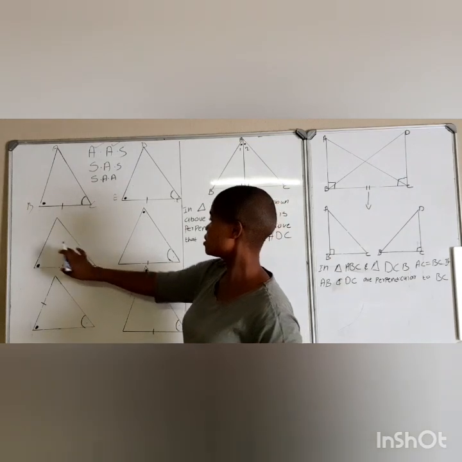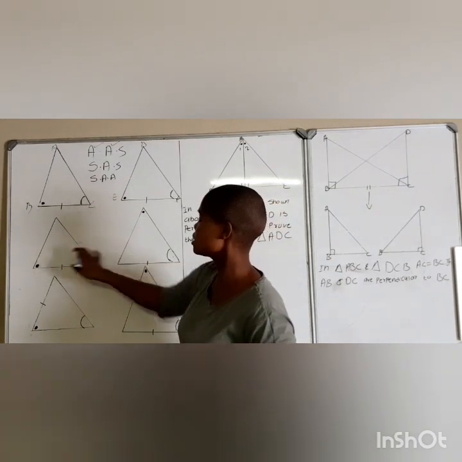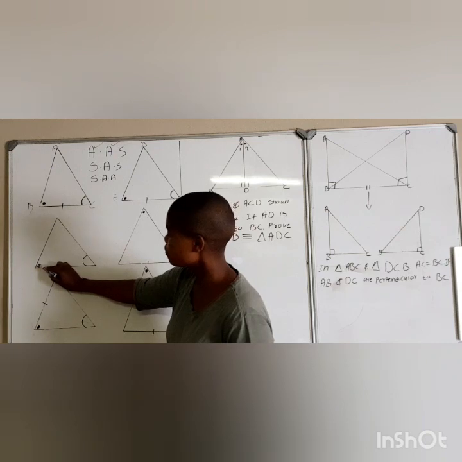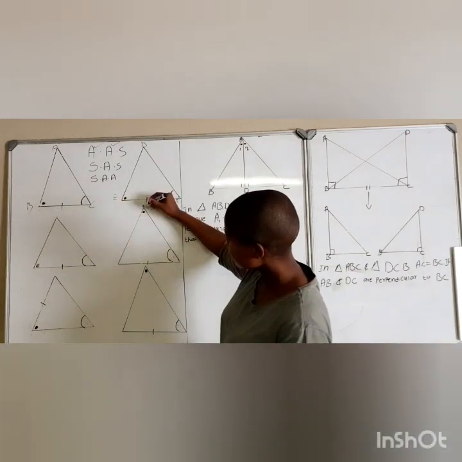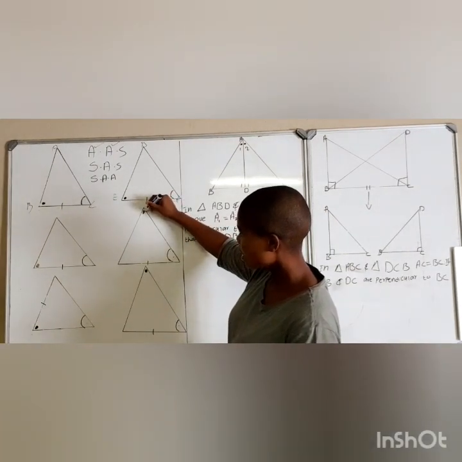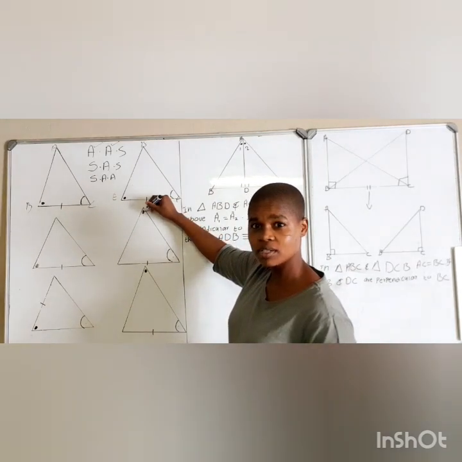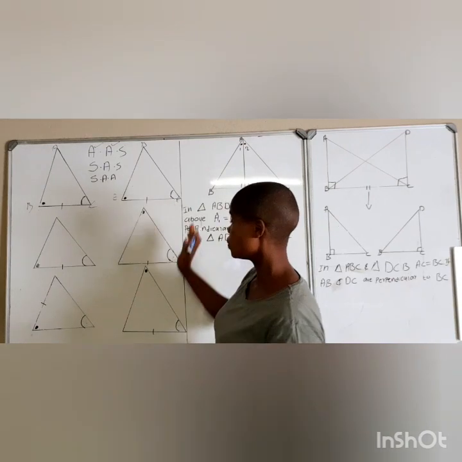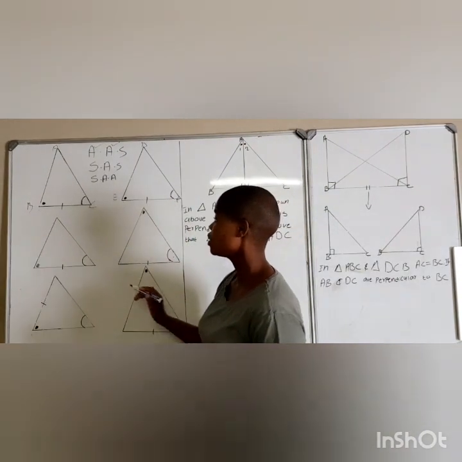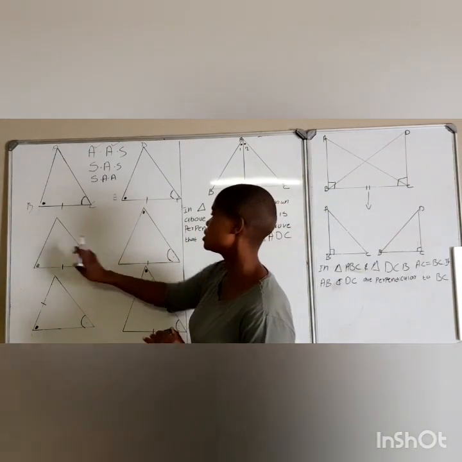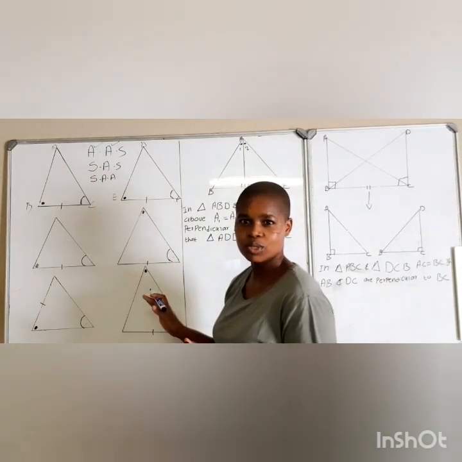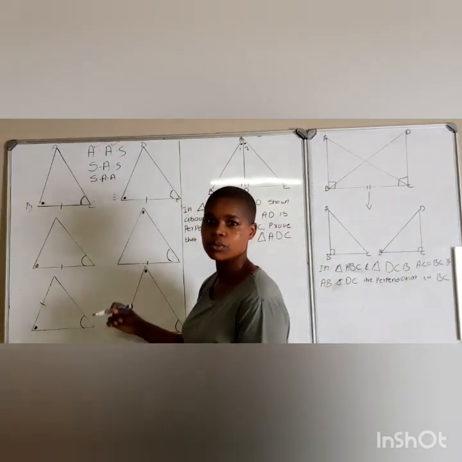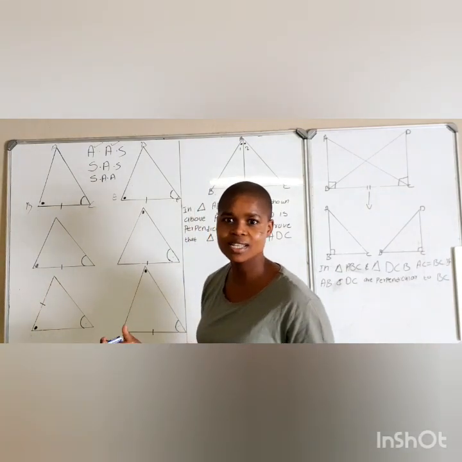Let us look at the second set of triangles. This dot is here, and on this triangle a dot is there. Are they situated in the same position relative to the side? No, they are not. Therefore, this already tells us that these two triangles cannot be congruent, because the angles that are supposed to be corresponding are not in the same position.